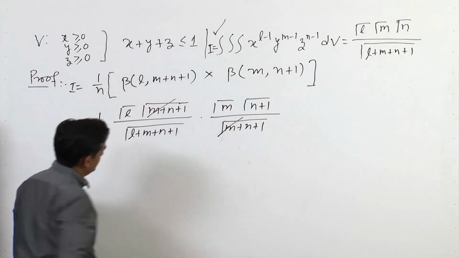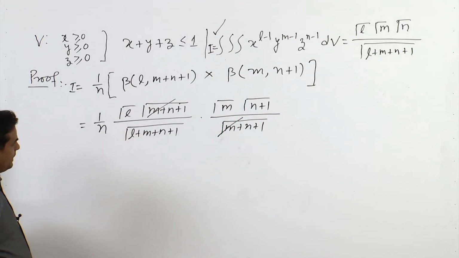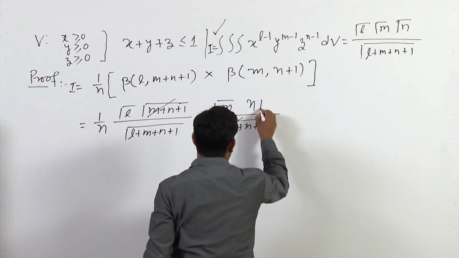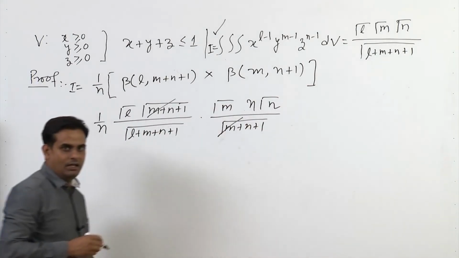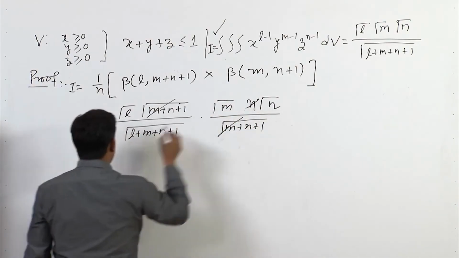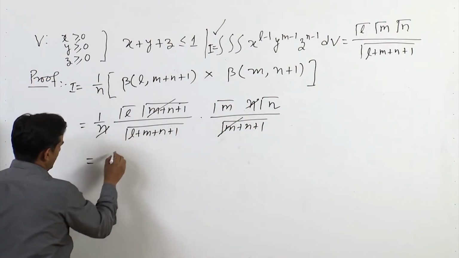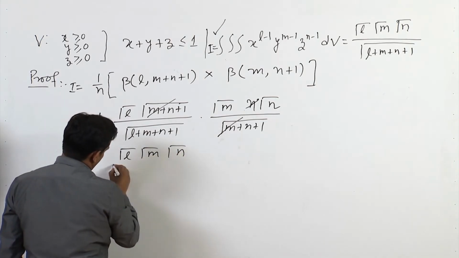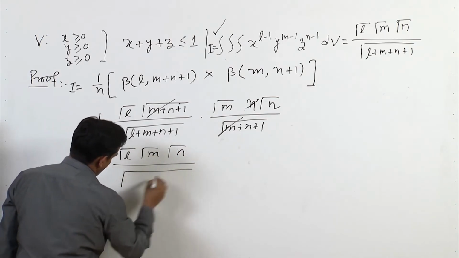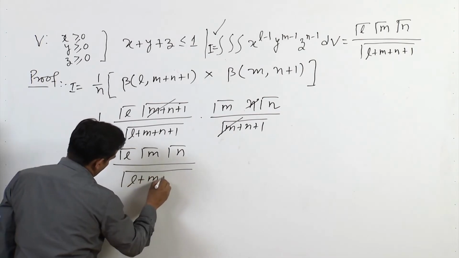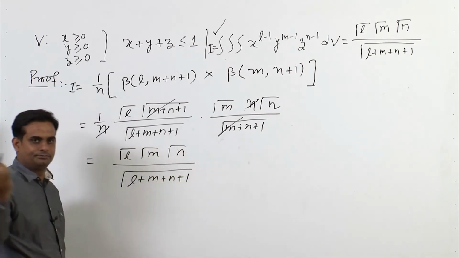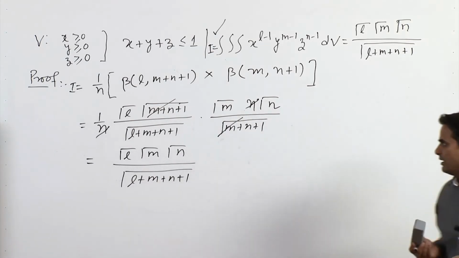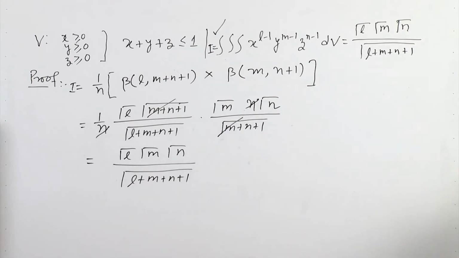This cancels, this gamma n plus 1 I can write as n gamma n. So, n will cancel out. So, from here I will have gamma L, gamma m, gamma n upon gamma L plus m plus n plus 1, and this is what we needed to prove. So, this is the proof of Dirichlet integral theorem.